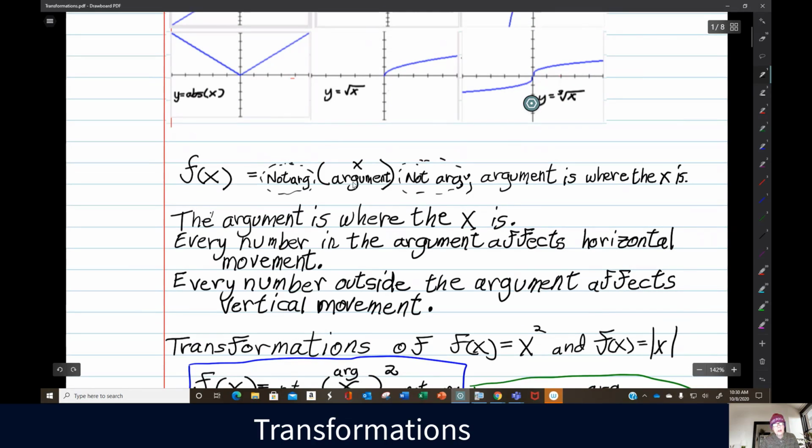The argument part governs the sideways movement, the horizontal movement of the graph. And they do that by affecting what the x coordinates equal. The not argument parts affect the y coordinates of all the points and what they equal.